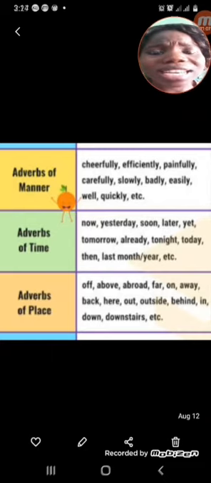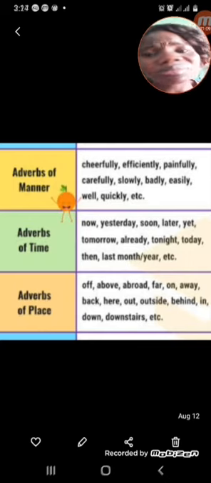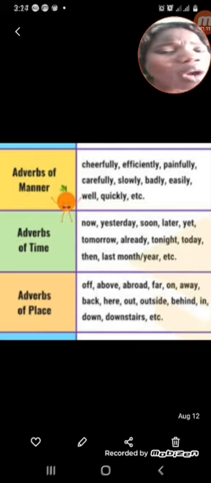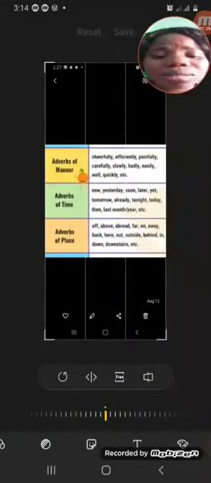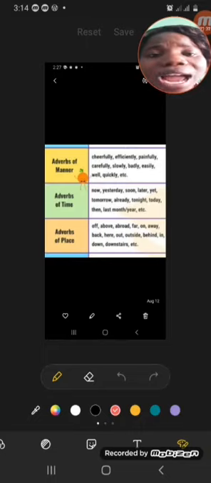Do you understand now? When I say, oh, that boy writes slowly. How does he write? Slowly. So that is what we underline. So when I talk about adverb of time, I'm talking about the period when something happens. And we can have these following words as adverbs of time.